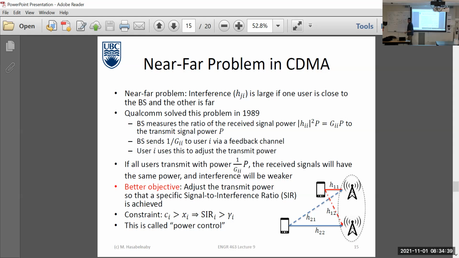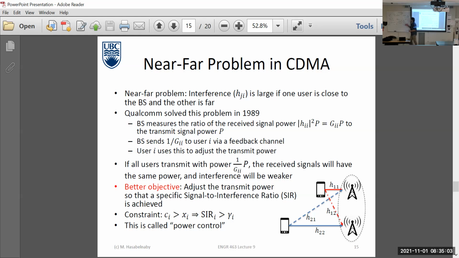This is the received power. What is the transmitted power? It is the bit transmitted of user 1. So this ratio will equal the square of the channel attenuation.